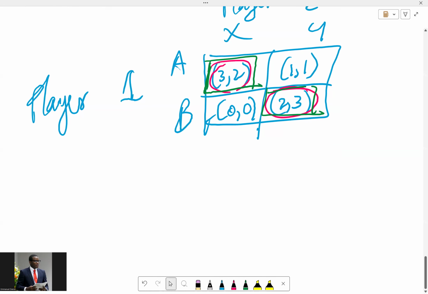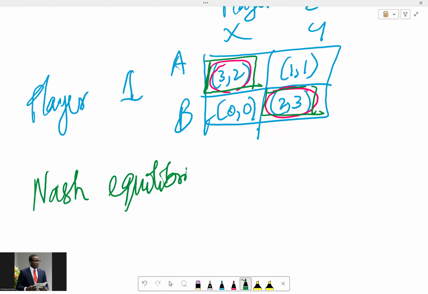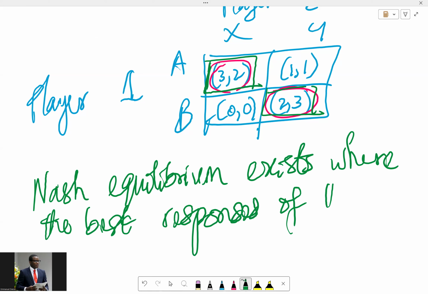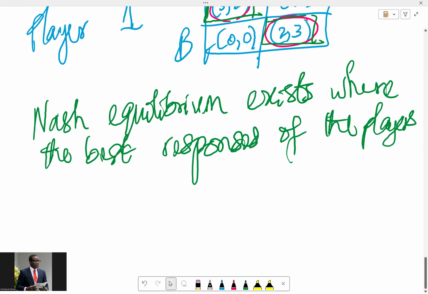So in that case, from experience, a Nash equilibrium exists where the best responses of the players overlap.